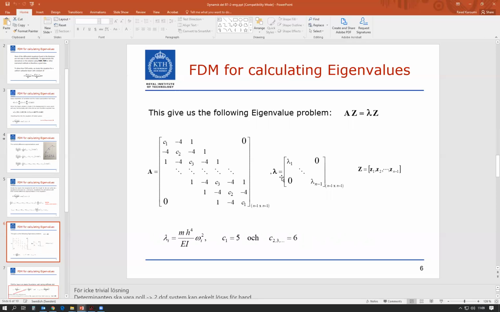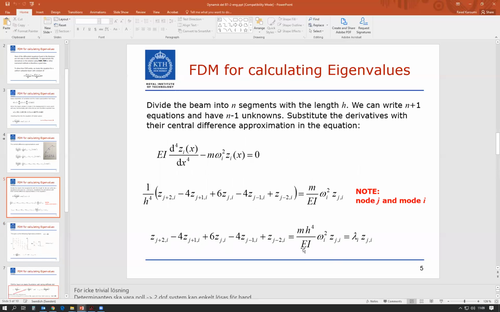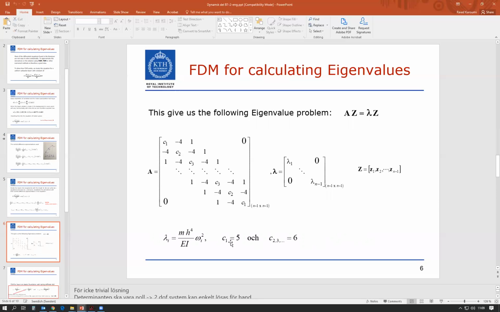And the lambda will contain the frequencies. We have replaced this with the lambda, as you see here. So lambda is m to the power of 4 over EI omega to the power of 2. We will get the lambda in the diagonals of this matrix.